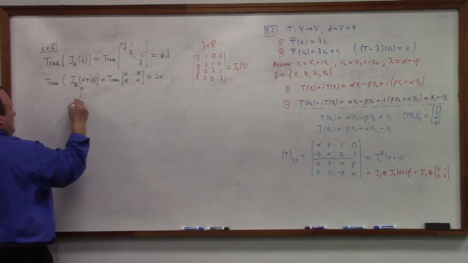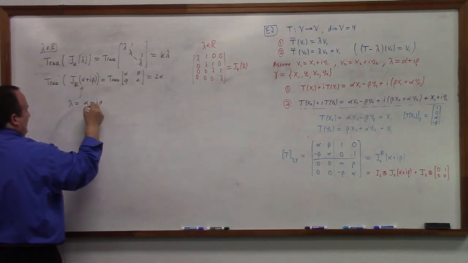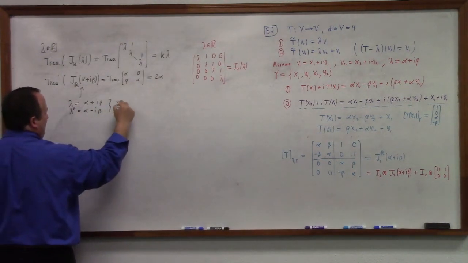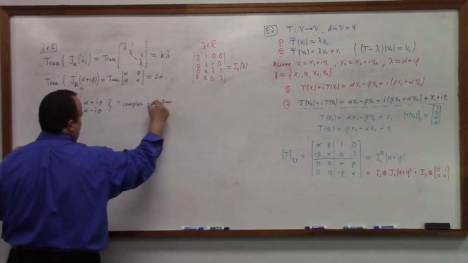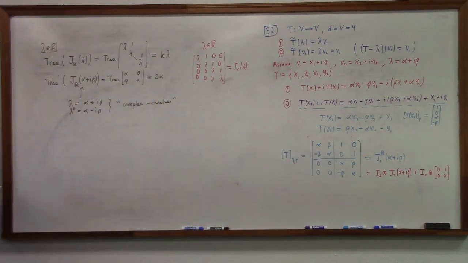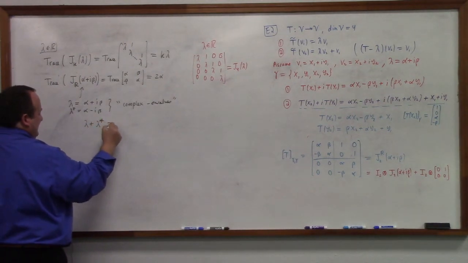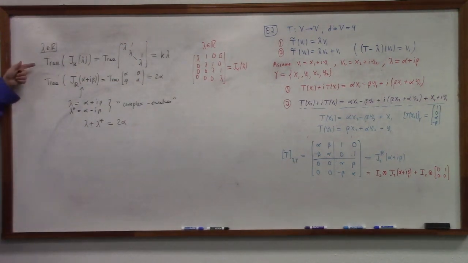This comes from lambda equal to alpha plus i beta and lambda star equal to alpha minus i beta being, quote-unquote, complex eigenvalues for our transformation, right? What happens when you add lambda plus lambda star? You get 2 alpha. So the sum of the eigenvalues is 2 alpha. The sum of the eigenvalues for the k block is k times lambda, right?